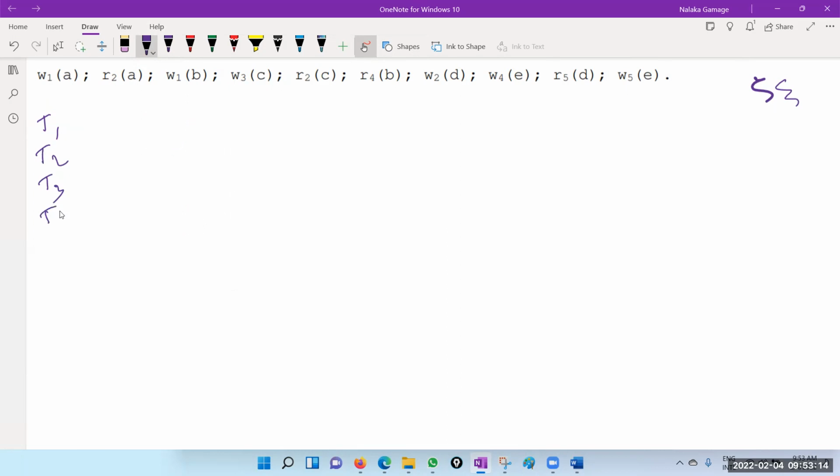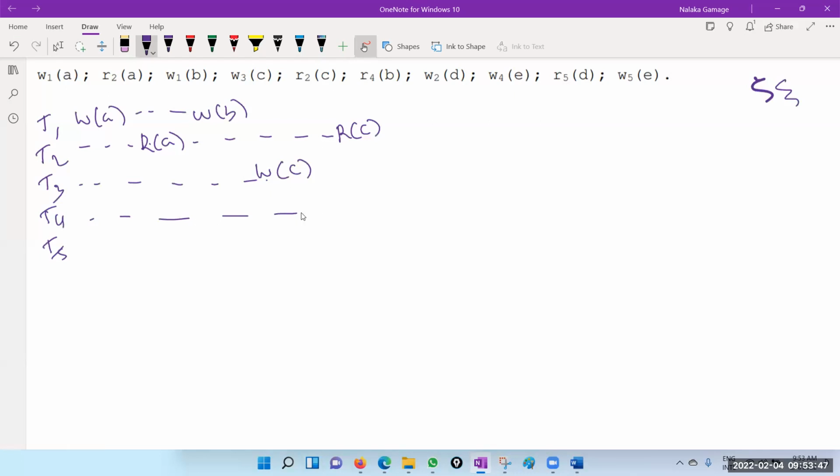Transaction 1, write A. Transaction 2, read A. Transaction 1, write B. Transaction 3, write C. Transaction 2, read C. Transaction 4, read B. Transaction 2, write D. Transaction 4, write E. Transaction 5, read D.